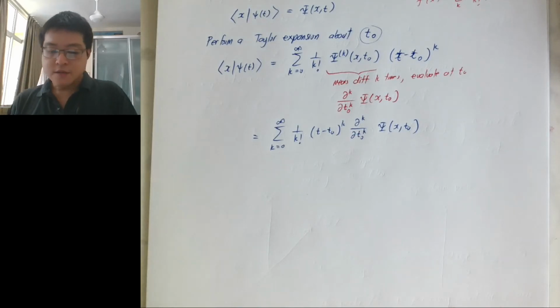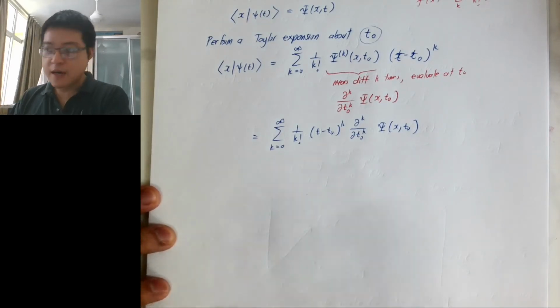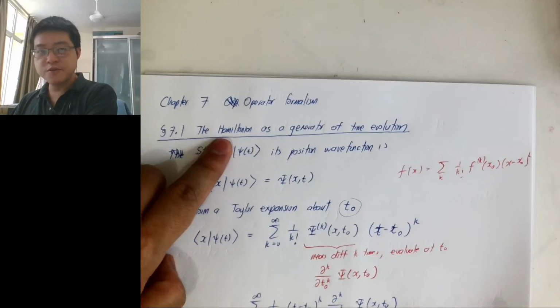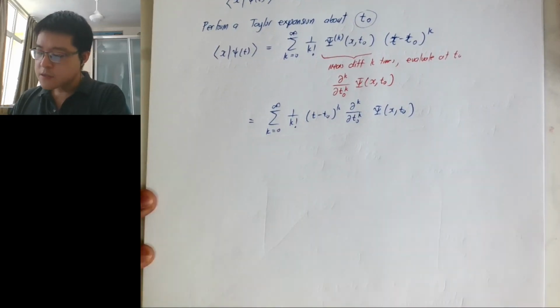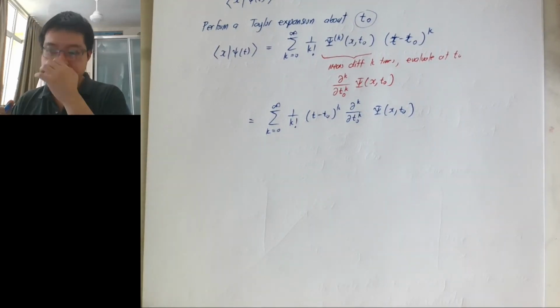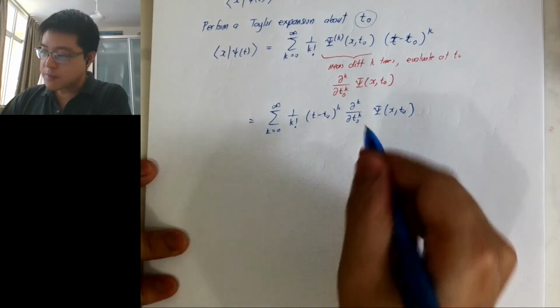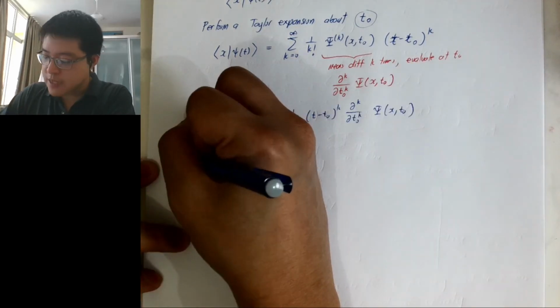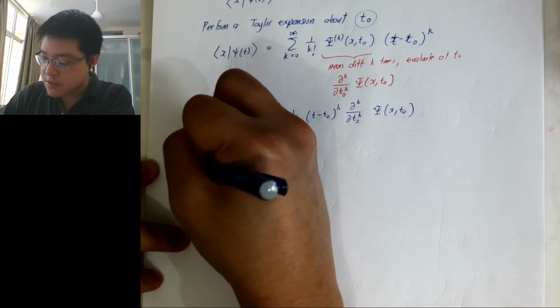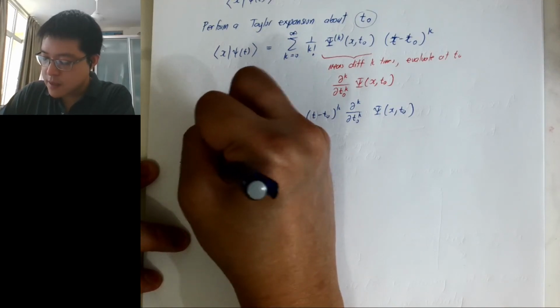Okay, so the next thing I'm going to do is recall that I want to show you that the Hamiltonian has something to do with time evolution. Right, so I want to invoke my Schrödinger equation at some point, but to do this I need to prepare my formula. So in order to do this, I'm going to rename my variable. So I'm going to substitute t, right?